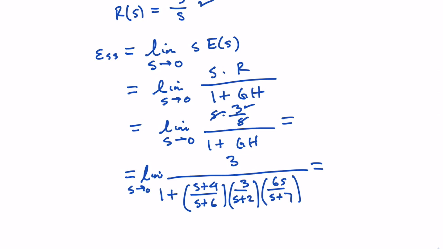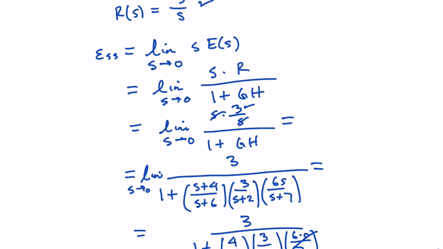Now I can plug in that limit. What do I get? It's going to be a 3 on the top. I have a 1 plus, and then when I plug in 0, I get 4 over 6 and 3 over 2 and 6 times 0 over 7.